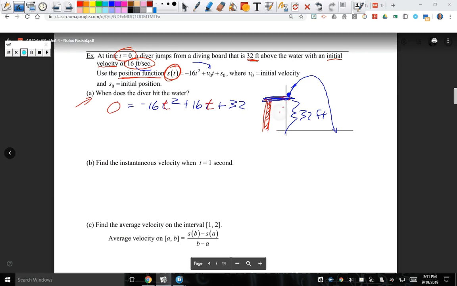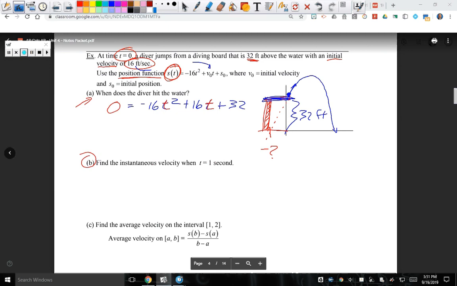Because this would go even more, and there would be a negative time that it could be 0. But that diver's not falling backwards. Okay? I hope not. So setting this equal to 0, that t will tell us. We just have to pick the extraneous one. Okay? Now, we're going to do that with the calculator here in just a bit.